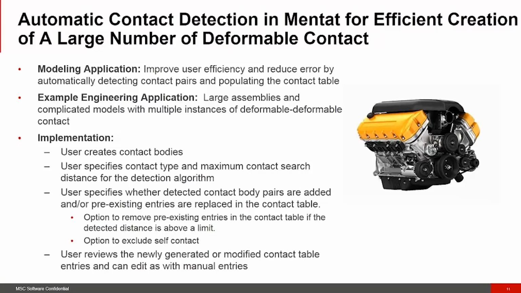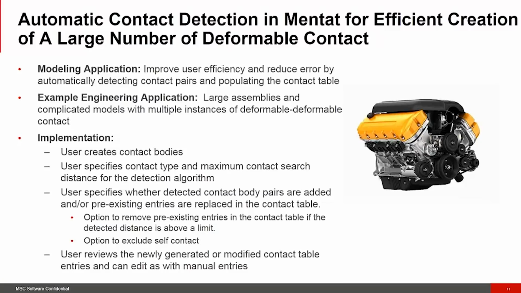So replacing this manual process with an automatic detection of the contact definition can significantly help and reduce the chances of making mistakes. Additionally, as a user, you have the option to define whether you want to replace the existing contact definition or add this to the contact table.